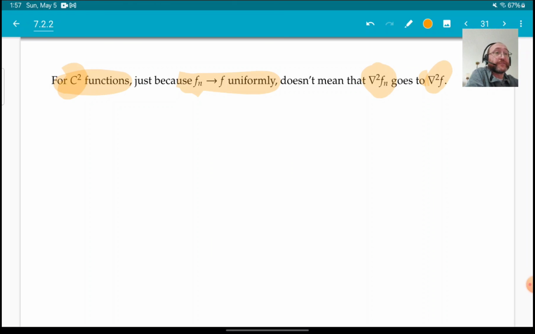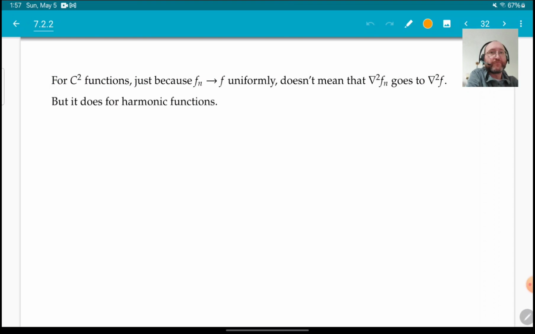I mean, that would be stronger than what we're usually asking in all of this stuff, which is usually just uniform convergence, right? Or the topology that we've been so used to in complex analysis. Right, which is the right convergence for continuous functions, but it turns out it's the right convergence here as well, because for harmonic functions this is true.